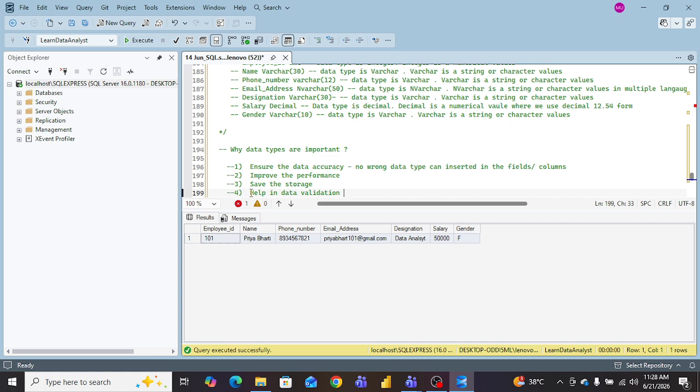Suppose we have one box and I mix tea leaves and sugar in the same box, what do you think? Can you validate the data easily?